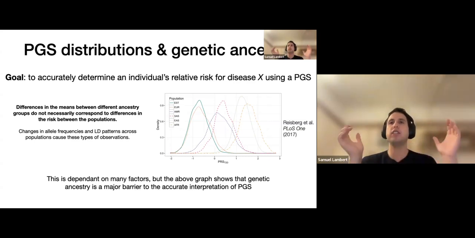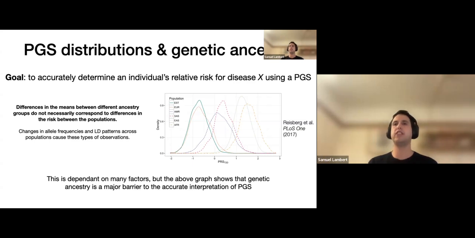So when you do this in a diverse cohort of individuals of different ancestry groups, what you can see is that if we plot the PGS distributions in people of different self-reported ethnicities or predetermined ancestry groups, there often is this shift in means and different standard deviations in these different population groups. And this is because changes in allele frequencies and LD patterns across populations cause shifts in the PGS distributions.